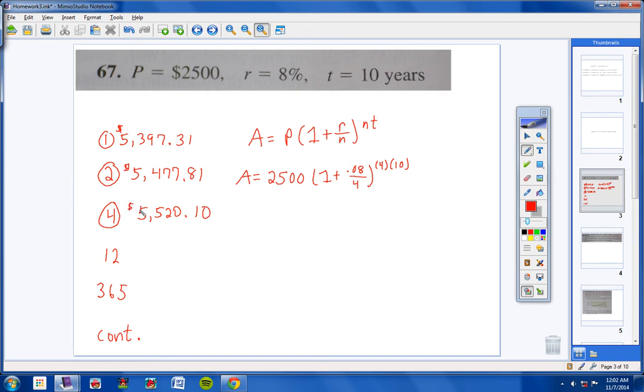Now they want us to find the balance when you've left your money in the bank for 10 years, but the interest is being compounded 12 times during a year, or in other words, every month. So now we're going to use 12 for N. Okay, so here we go.